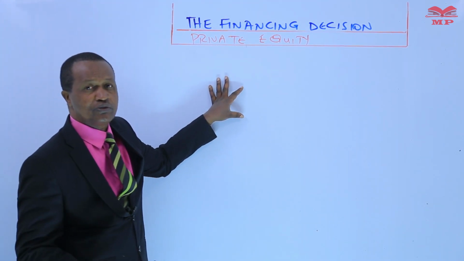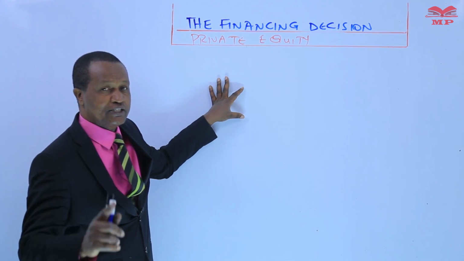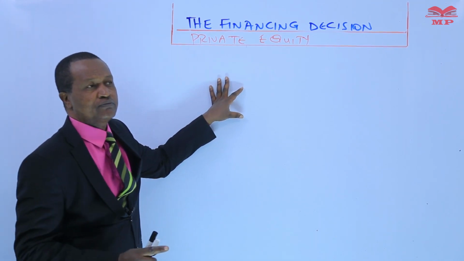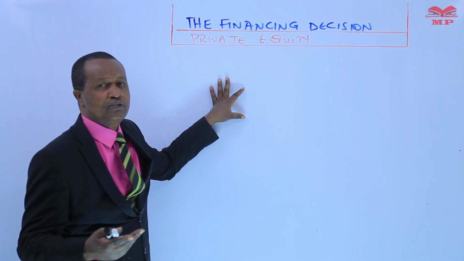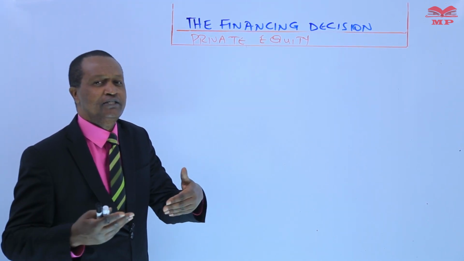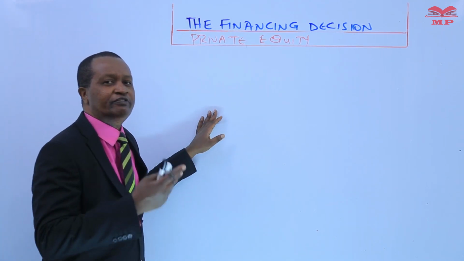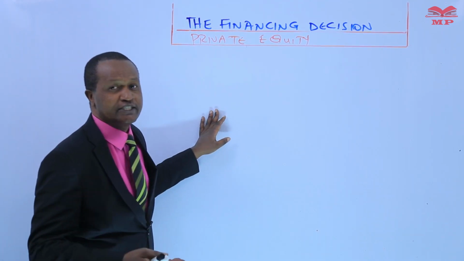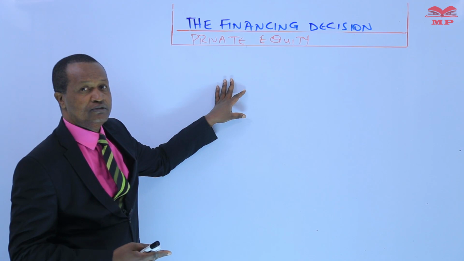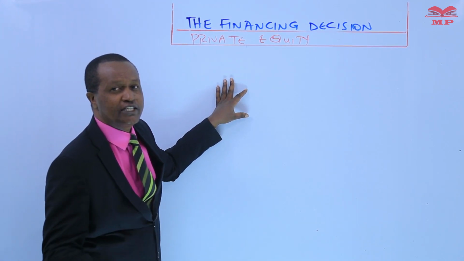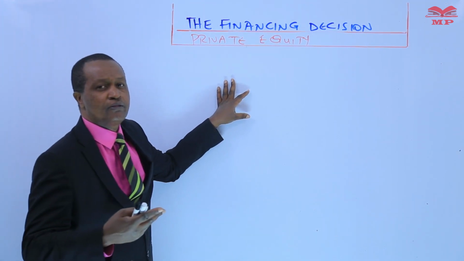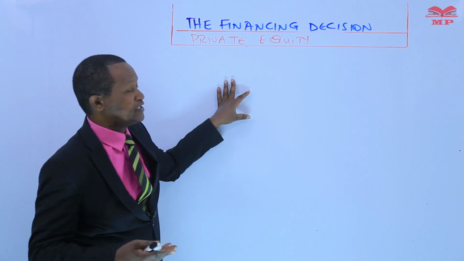By the end of the lesson, you should be able to outline the characteristics, the benefits, and the disadvantages of private equity, which involves investments that are made by private equity firms or institutional investors into privately held companies, where privately held companies obtain capital from institutional investors or private equity firms.